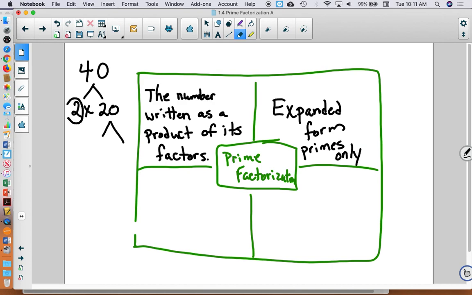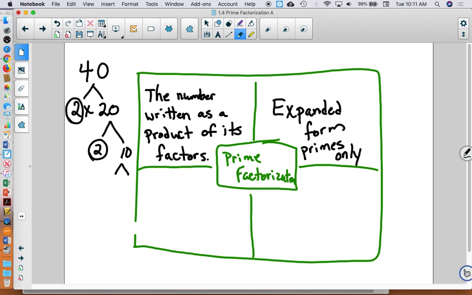Do you agree? I'm going to circle a 2 because it is. What are my factors? I'm trying to think of prime factors. So do you agree, is the prime number 2 going to go into 20? Yes? 2 times what? 2 times 10. Okay. Same thing. 10's not prime, is it? It's composite.